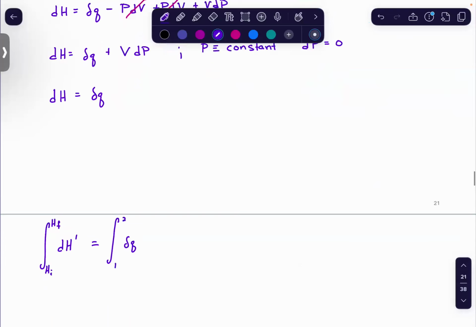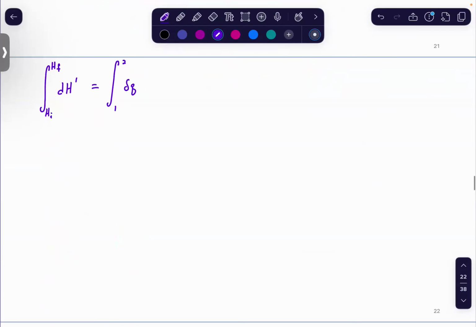So what you're going to get out of this differential is H prime, the placeholder for enthalpy, evaluated from initial enthalpy to final enthalpy equals QP. Again, the integral of the improper differential is just going to give you back Q. There's a whole lot we could get into about that. We just don't need to for this situation.